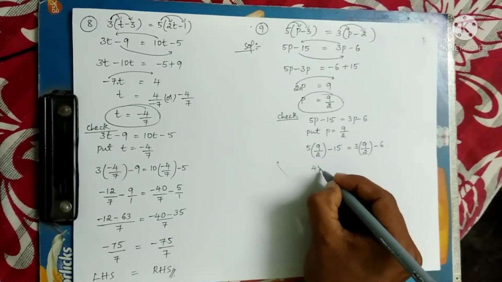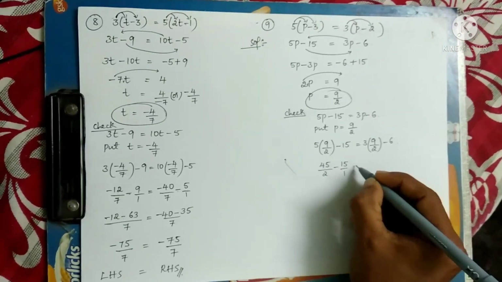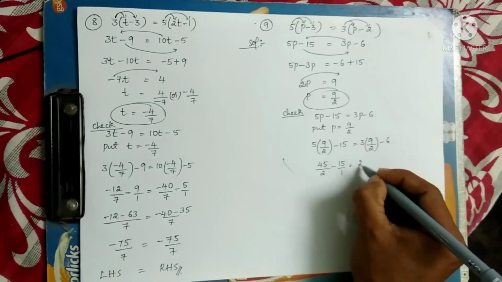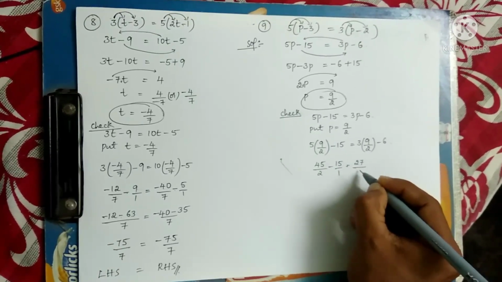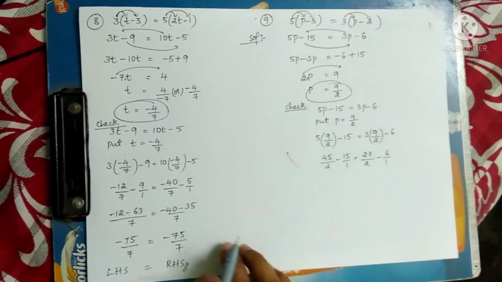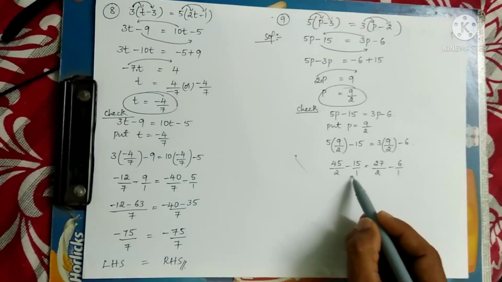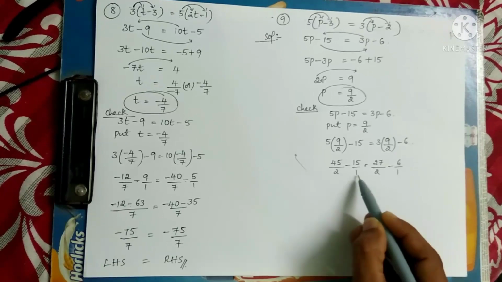5 9s are 45 by 2 minus 15 by 1, which is equal to 3 9s are 27 by 2, right as it is, minus 6 by 1. So what is LCM on LHS? LCM is 2.